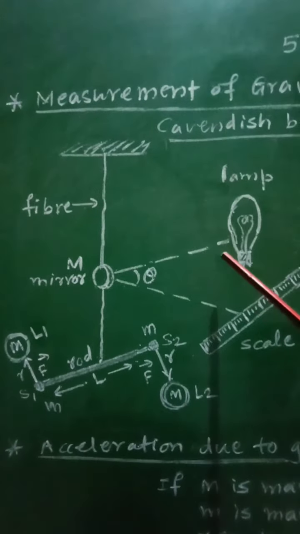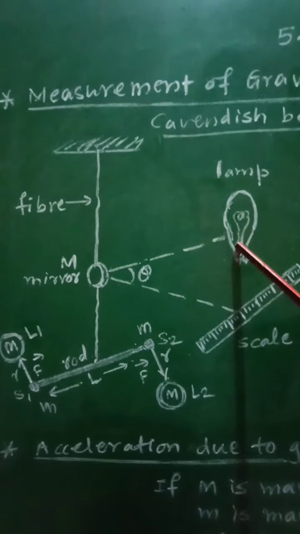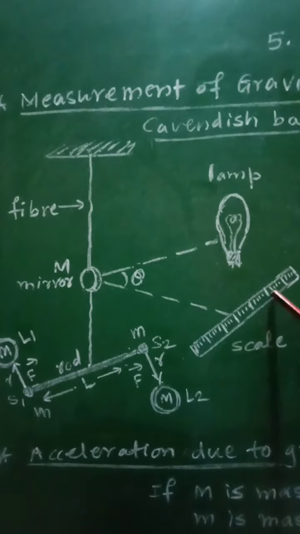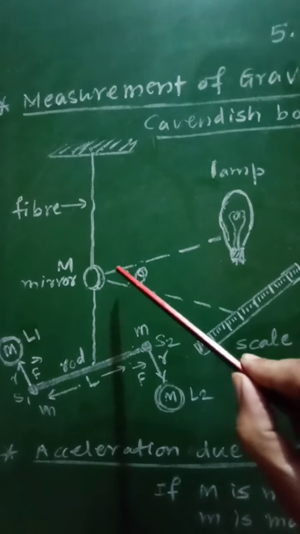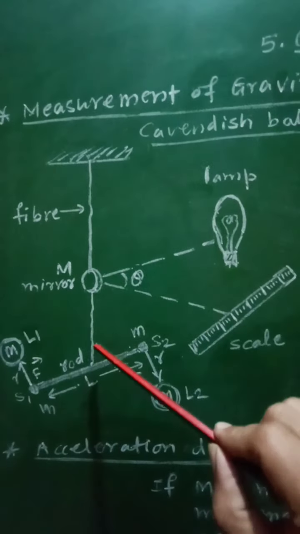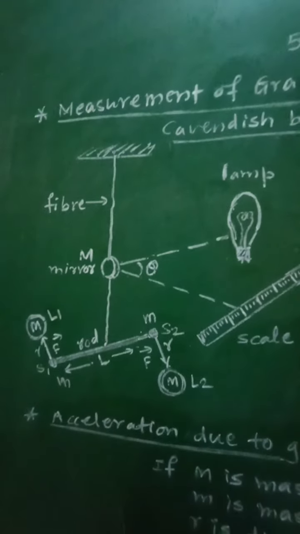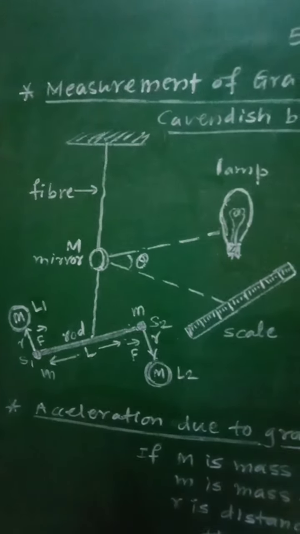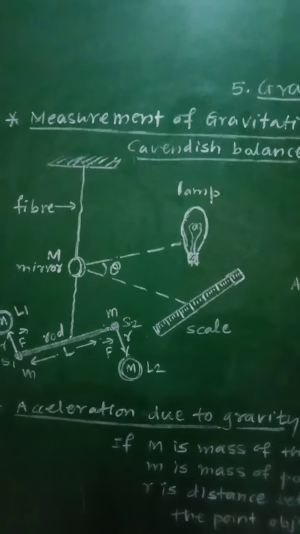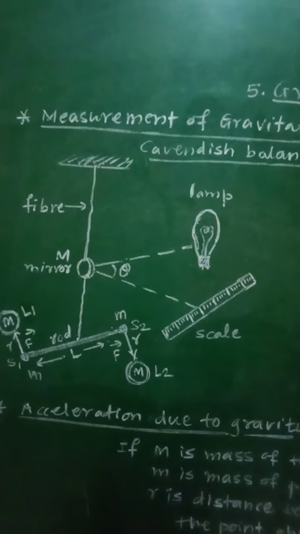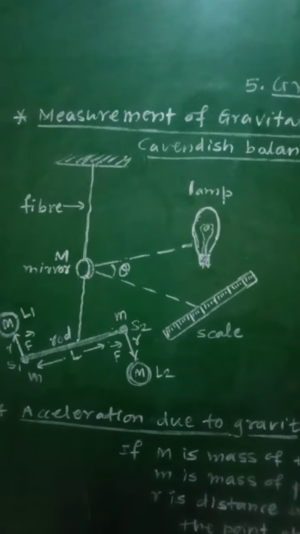Then here there will be a source of light, that is the lamp. Then here there will be a scale with the help of which the angle of twist of this fiber can be measured.